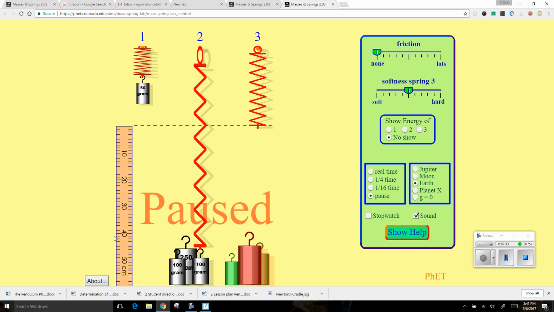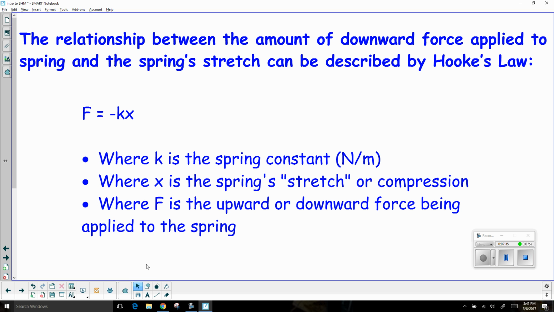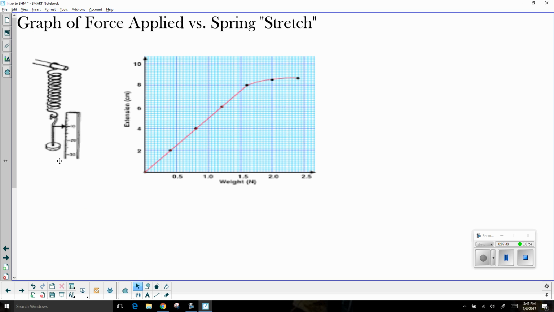So I can see this relationship graphically. This is a picture of a Hooke's law apparatus, which is similar to what you just saw in the simulation. But as I increase the weight or the force of gravity or the mass that I added to the end of the spring set, notice that the extension or stretch and compression went up proportionally, up until the point that I've reached maximum extension, because every spring has a point where it can't stretch anymore.